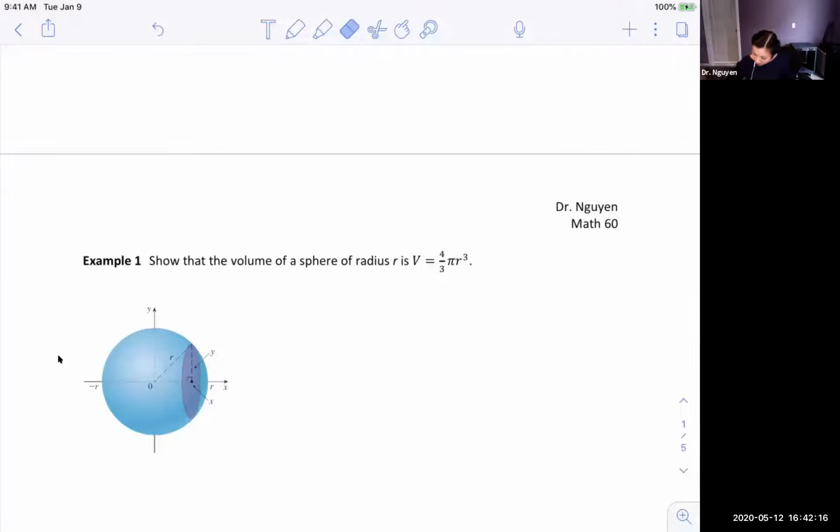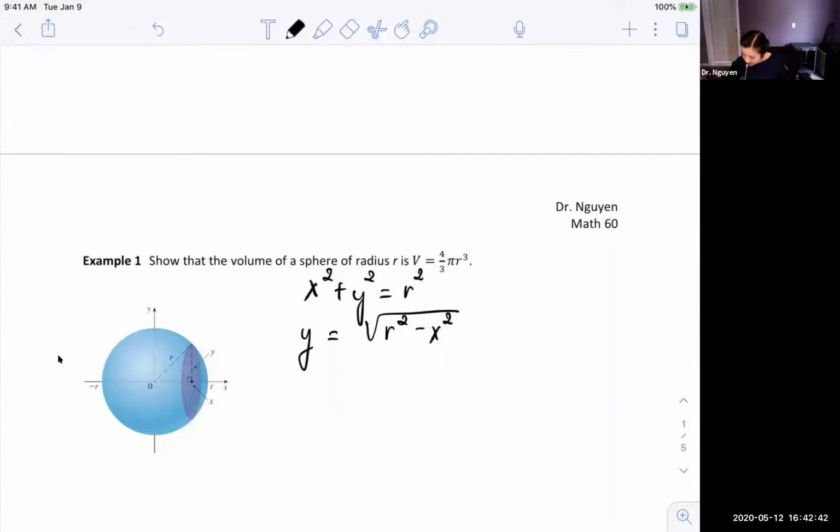So therefore, we use the Pythagorean theorem. You can see that we have x squared plus y squared equals r squared, right? And what you have right there is the y. That y is the square root of r squared minus x squared, right?